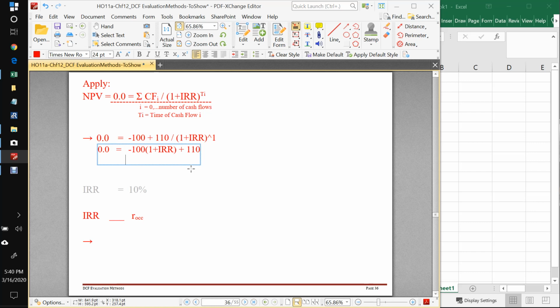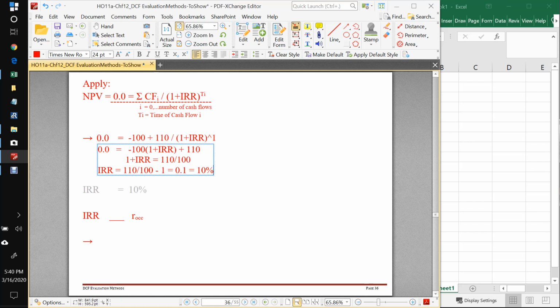And now we're going to have 1 plus IRR equal to 110 over 100, and IRR is equal to 110 over 100 minus 1, and that's equal to 0.1, and that's equal to 10%.